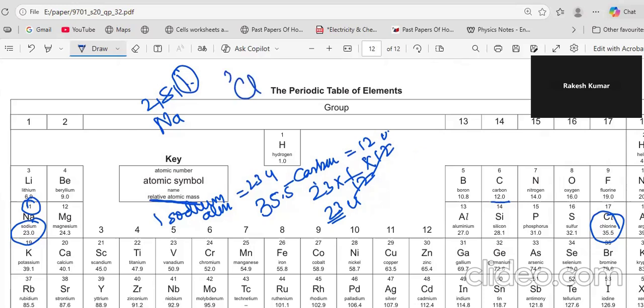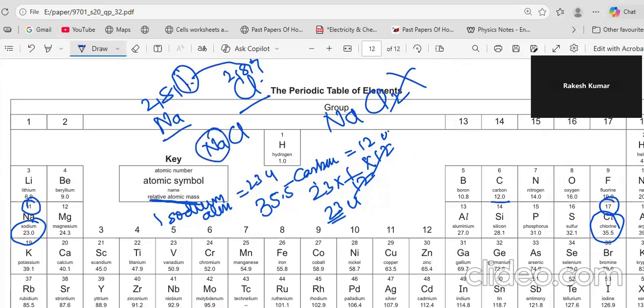And Cl is 2, 8, 7, atomic number 17. So this wants to give 1. This wants to take 1. So one atom will give, and one atom will take. So Na will only react with 1 Cl. It won't react with 2 Cl, so that means 1 and 1 will react, and that means 23 will react with 35.5.